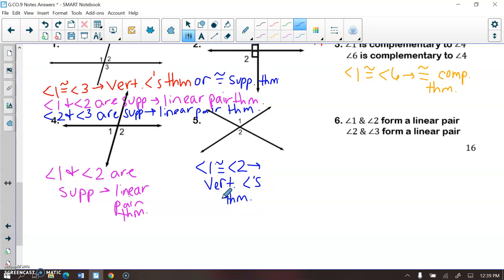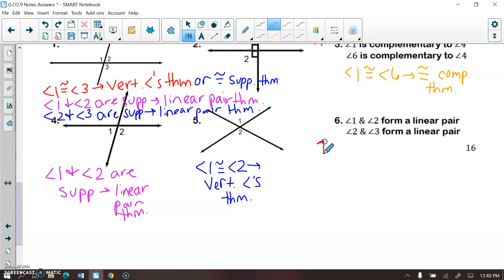And then number 6, if I know angle 1 and angle 2 form a linear pair, and angle 2 and angle 3 form a linear pair, that would mean that angle 1 and angle 2 are supplementary, and angle 2 and angle 3 are supplementary.